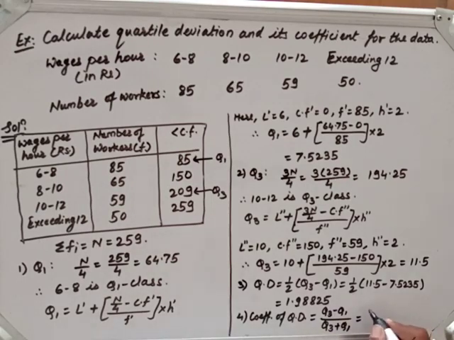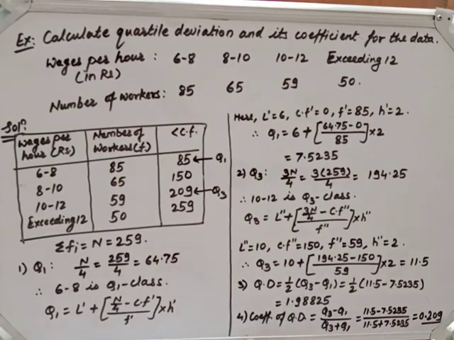That will be 11.5 minus 7.5235 upon 11.5 plus 7.5235, and that answer is 0.209. So 0.209 is the coefficient of quartile deviation.